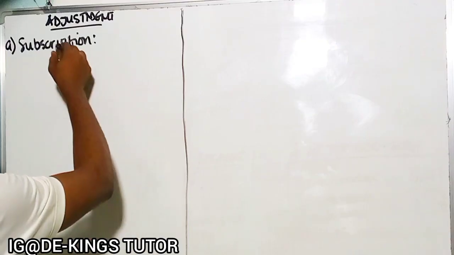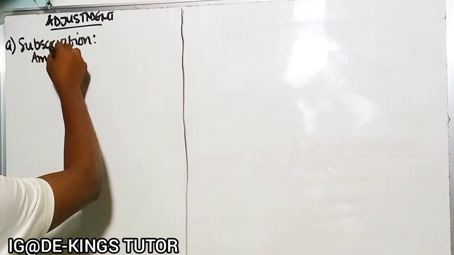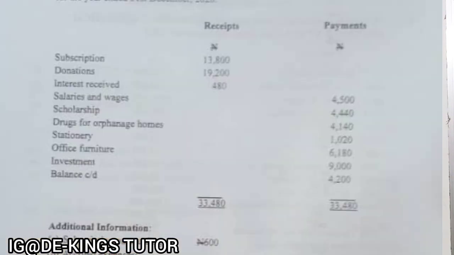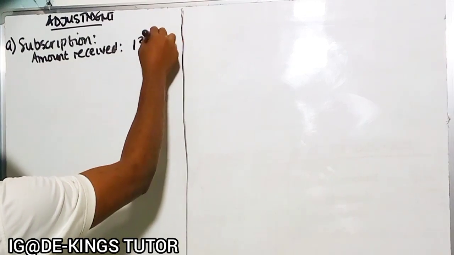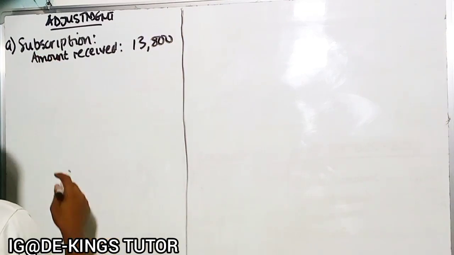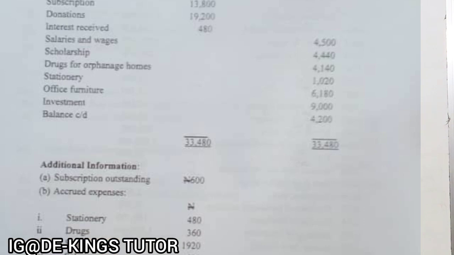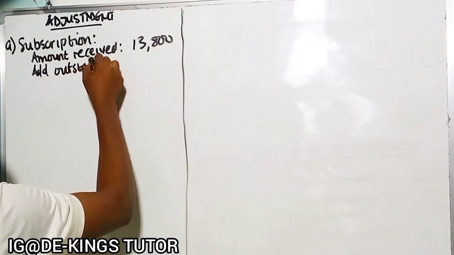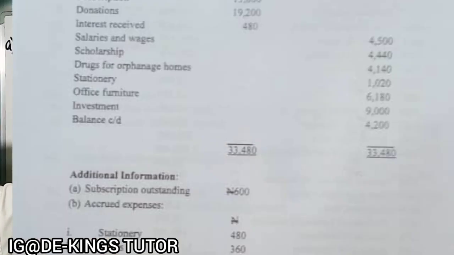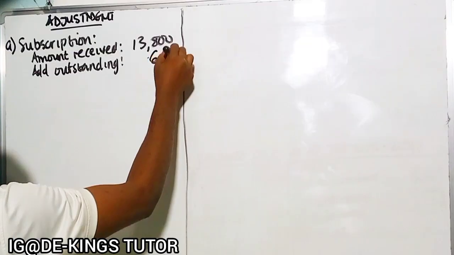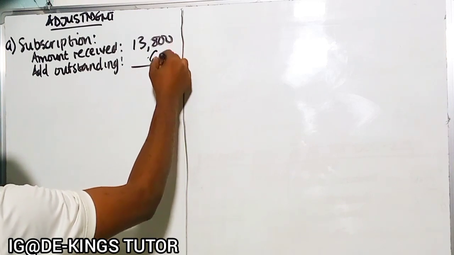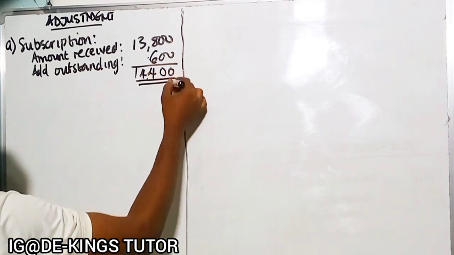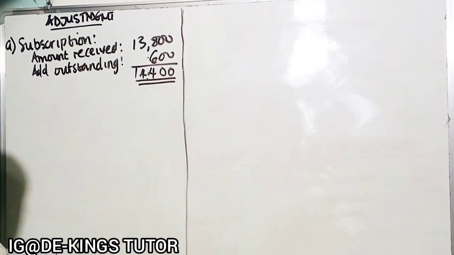So we're going to see the amount they received from the subscription there. Amount they received is 13,800. Now they said subscription outstanding in additional information, so we are going to add the amount that is outstanding. The amount outstanding is 600. So if we do that, 0, 0, 8 plus 6 is 14, 4, and this is 1. So that's 14,400. Okay, so that's subscription.